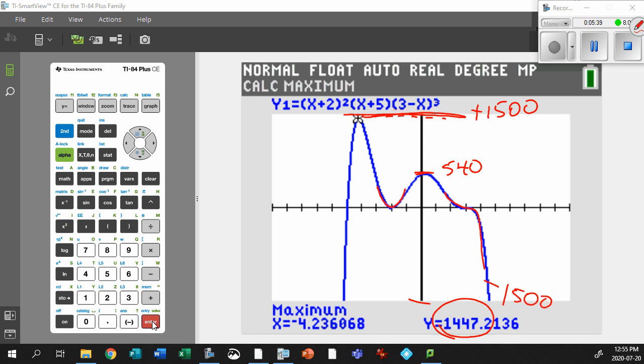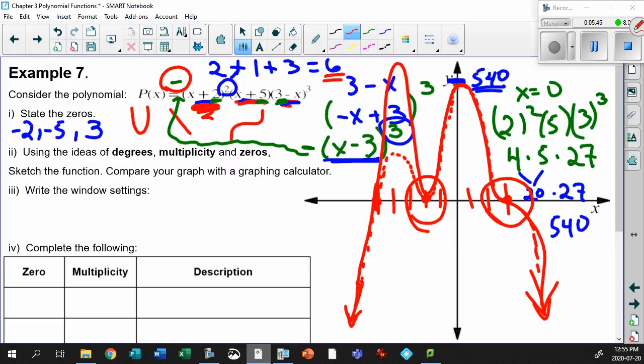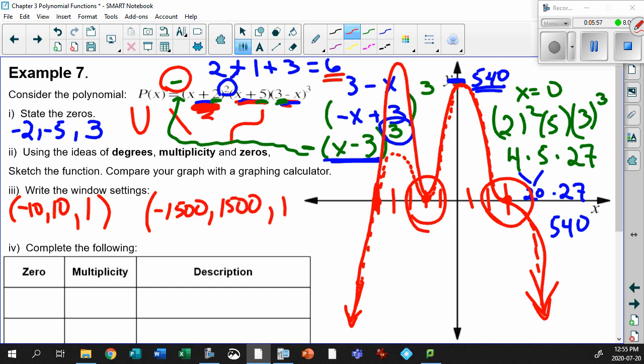And still only at 10. Holy smokes, what an incredible thing here. I'm still at minus 10, positive 10, going up by ones. Now for the Y window settings, I'm at minus 1,500, positive 1,500, and 1. How did I find that? Lots of playing around. I had to play around to figure out what those were going to be.